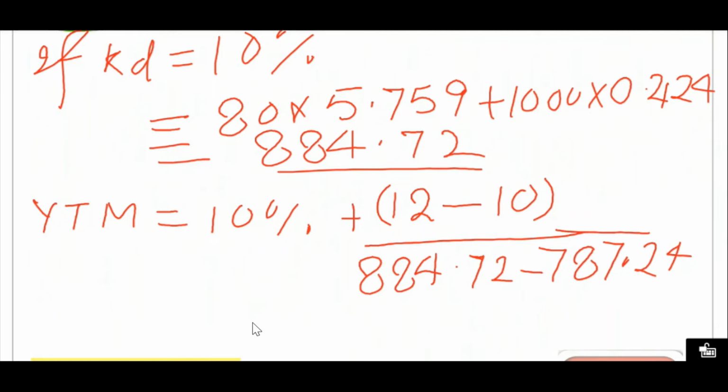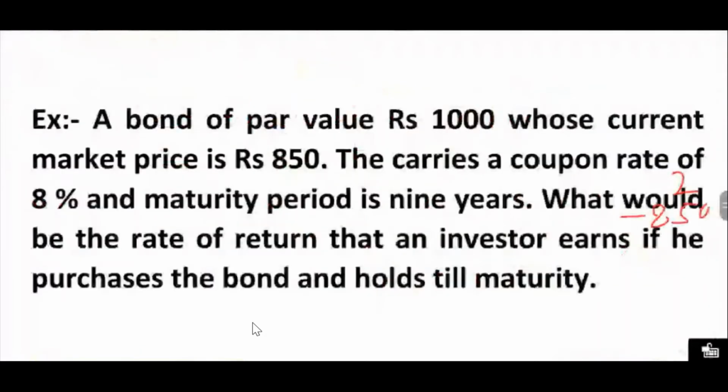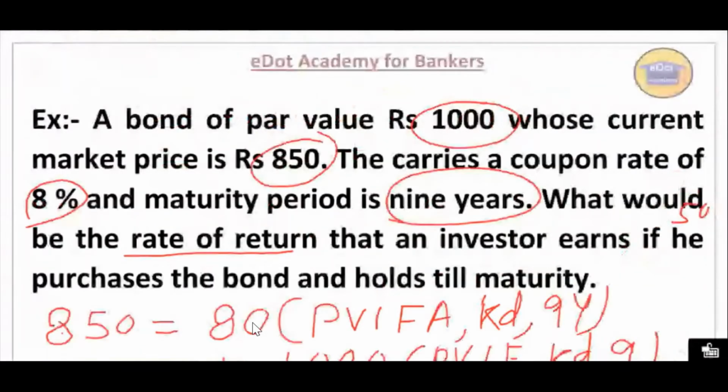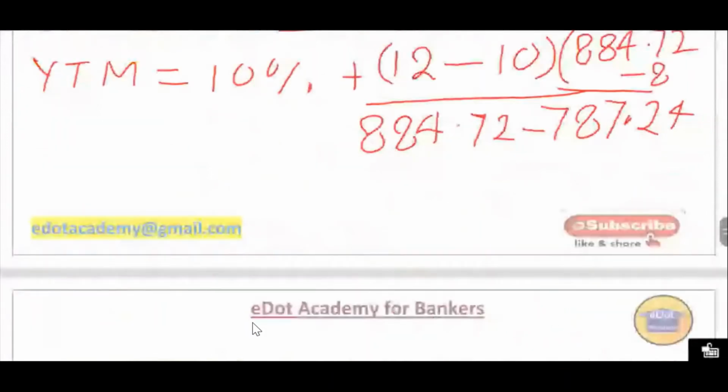Actually we have to get 850, so we subtract 850 from here: 884.72 minus 850. Space is not there, no problem.